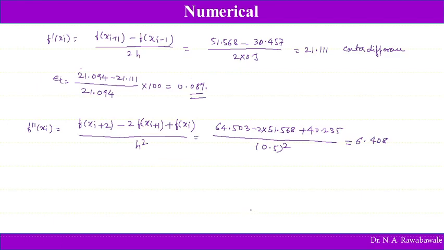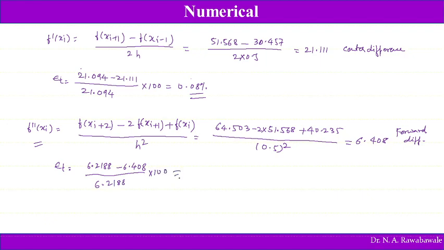6.2188. So the true error is 6.2188 minus 6.408, where this is the second derivative obtained by forward difference, divided by 6.2188, into 100.